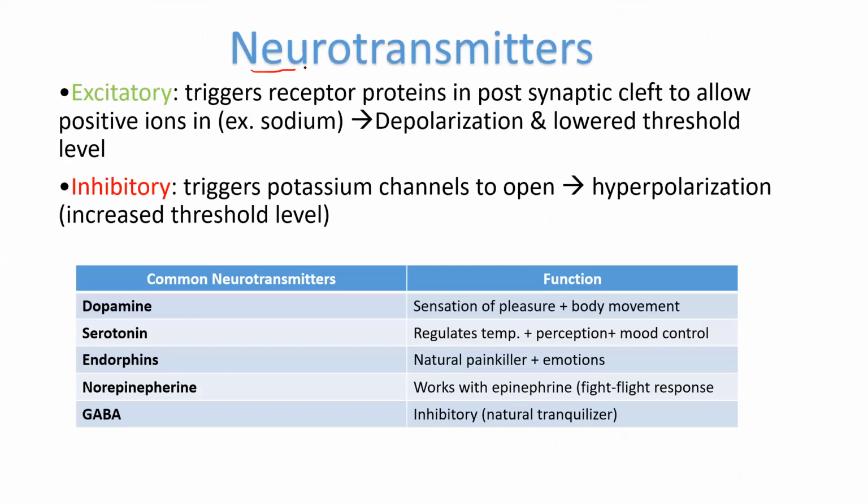Neurotransmitters like acetylcholine can be excitatory. So ACh is one we've already looked at. Acetylcholine is excitatory. But you can also have inhibitory ones that cause hyperpolarization.